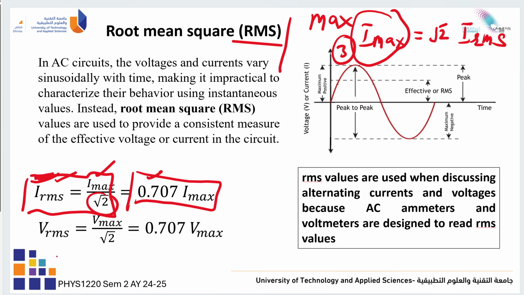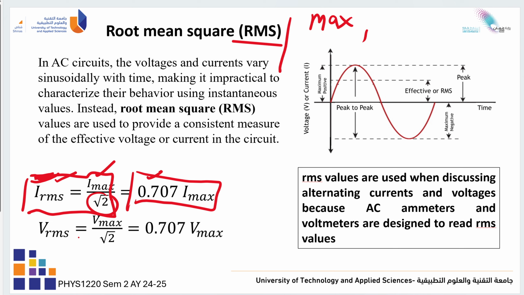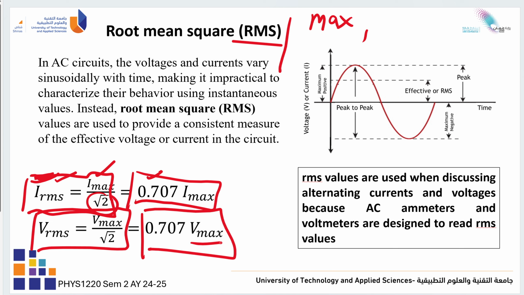In the same way, there is a formula for the RMS voltage. The RMS voltage is equal to the maximum voltage divided by root 2, or 0.707 V maximum.